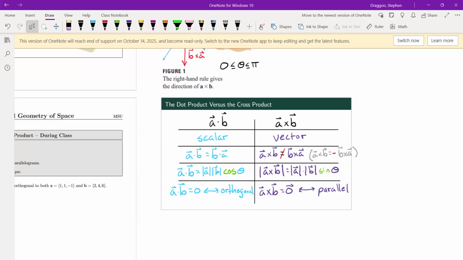If I take the dot product of two parallel vectors, that's going to be the maximum value I can get out of two magnitudes of a particular length. And if I take the cross product of two perpendicular vectors, I'm going to get the largest cross product possible.